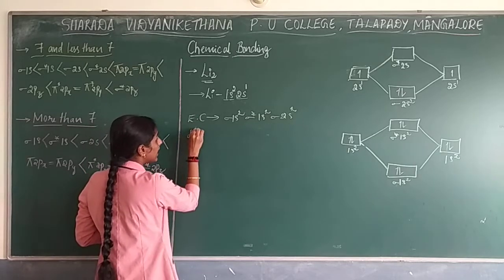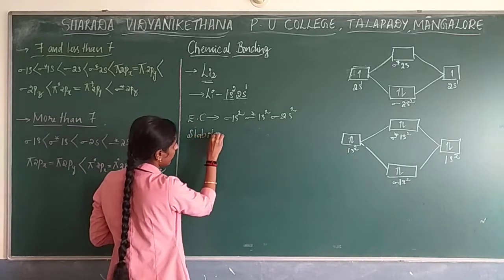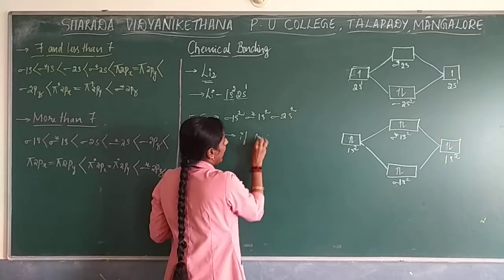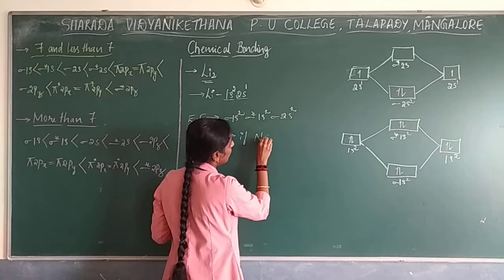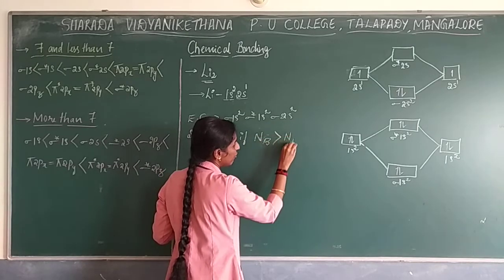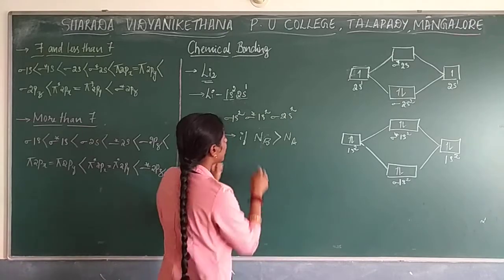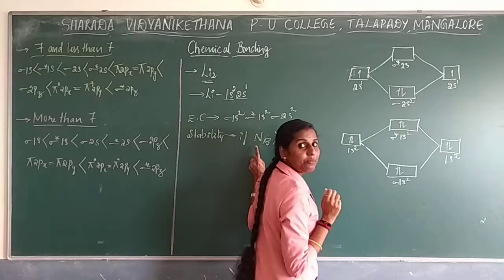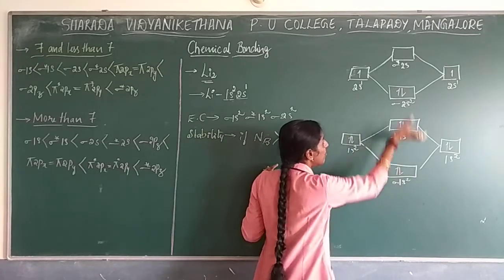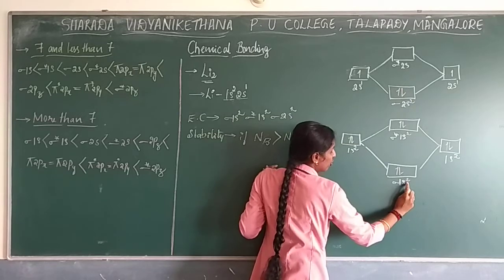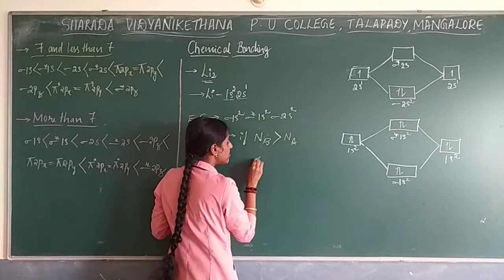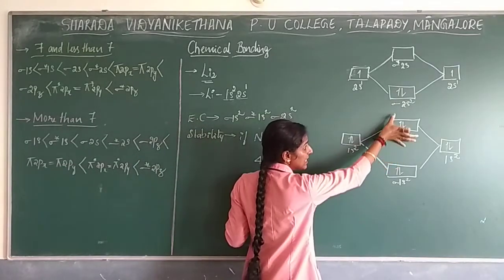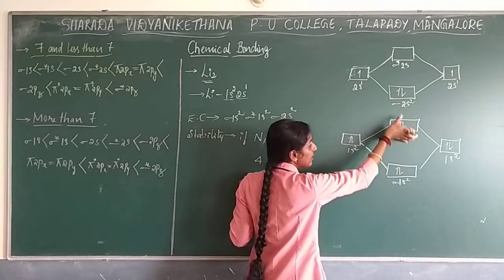Next, what do you have to check? You have to check the stability. When will the stability be more? If NB is greater than NA, then only it is stable. What is NB? The number of electrons present in bonding molecular orbitals. Count. This is a bonding molecular orbital, and this is a bonding molecular orbital. So 2 plus 2, 4 electrons are present in bonding molecular orbitals, right? NA is the number of electrons present in anti-bonding molecular orbitals, that is here as well as this one.